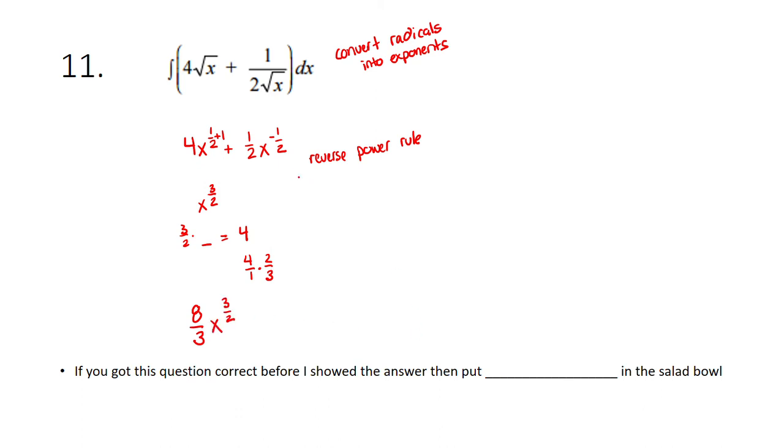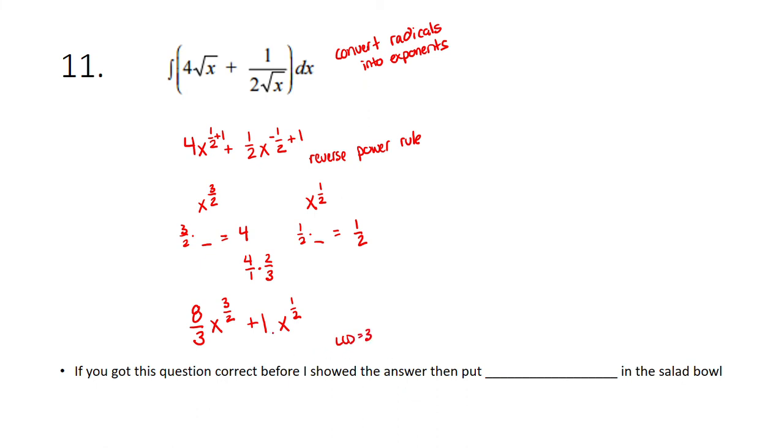Now next, we're going to add 1 here, so that's x to the 1/2 power. 1/2 times what is my original coefficient, and that would be 1. So 1 plus 1/2. That is fine, but if I wanted to combine these together, my LCD would be 3.